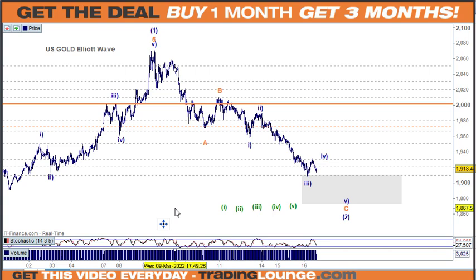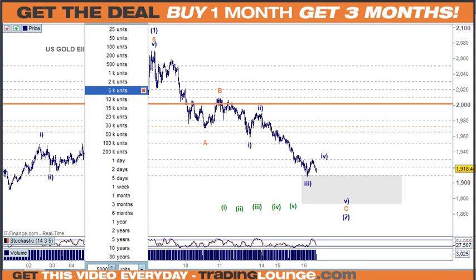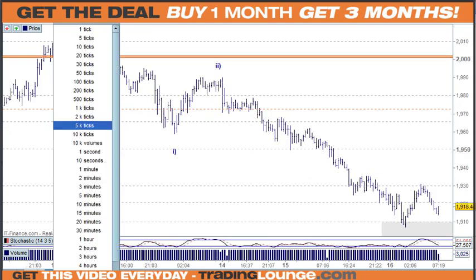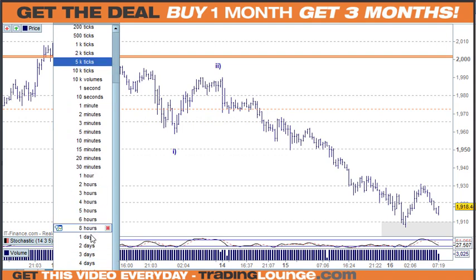I do need to have a look at, this might not be what gold bugs want to see, but let me just freak you out for a moment. I think it could be this chart.